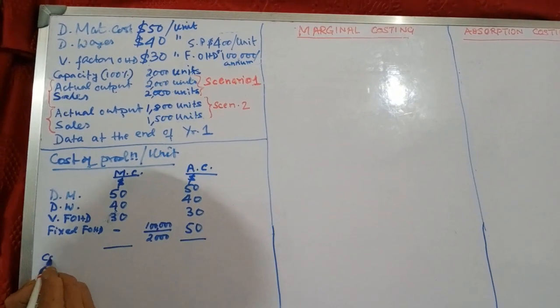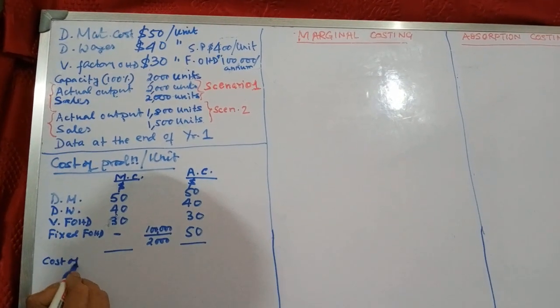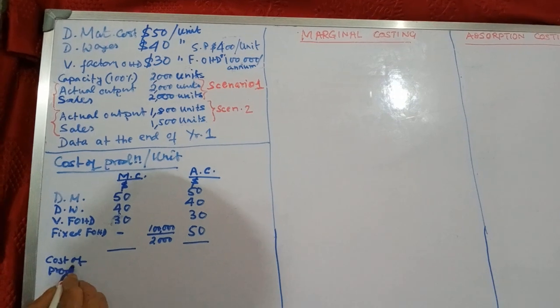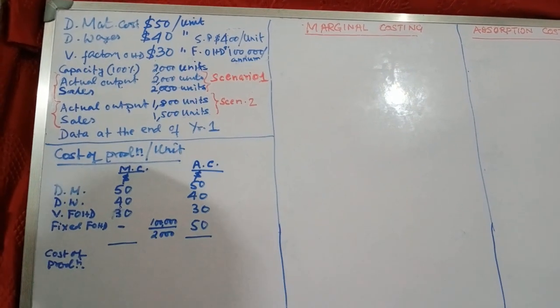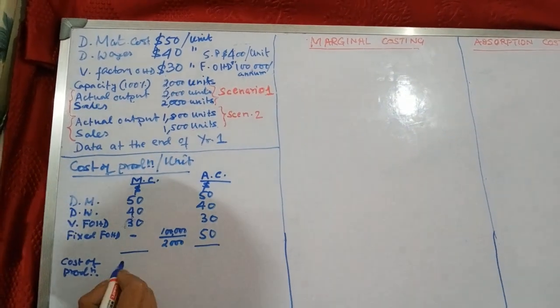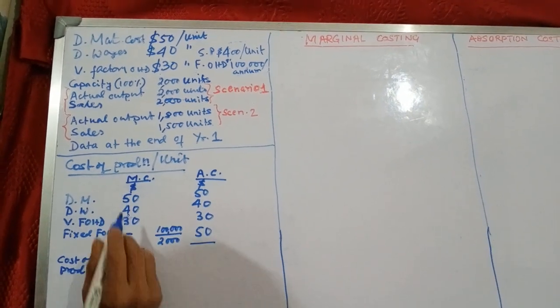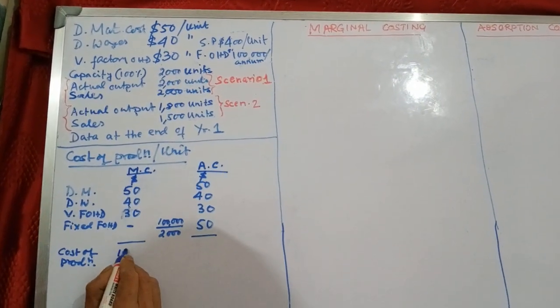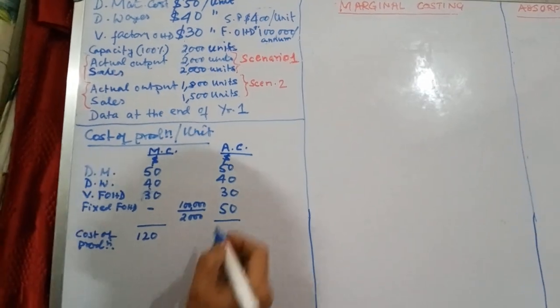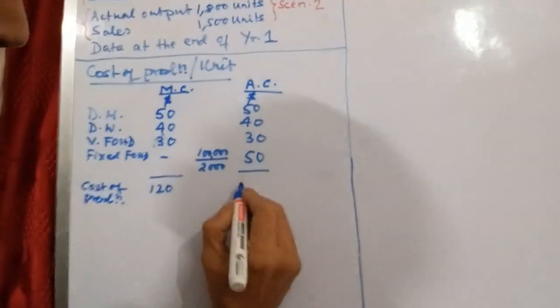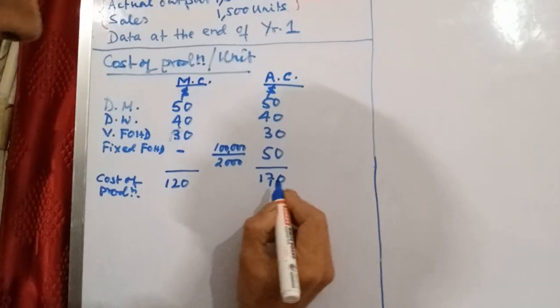This is cost of production per unit. Under marginal costing it is 50 plus 40, 90 plus 30, $120, and here 120 plus 50, that is 170.